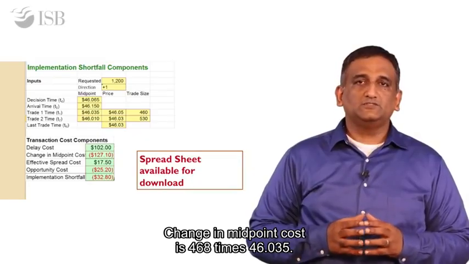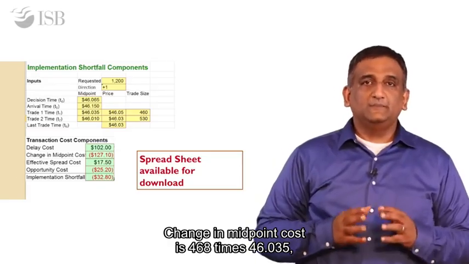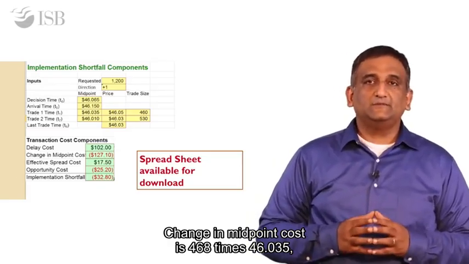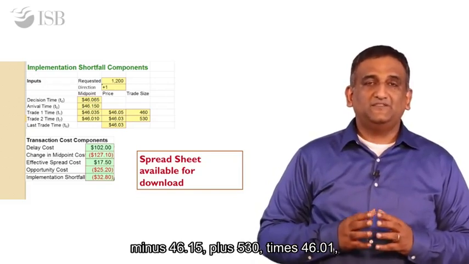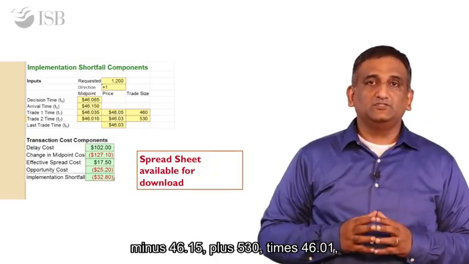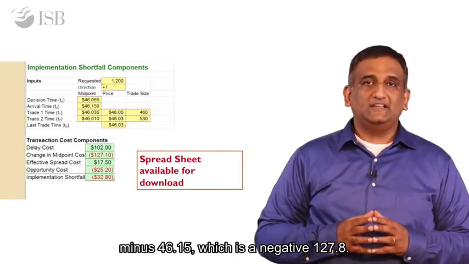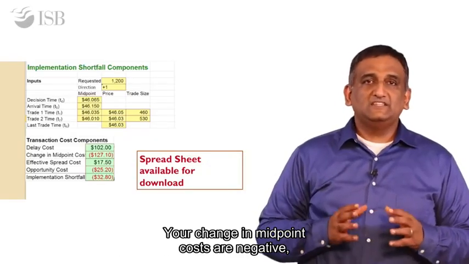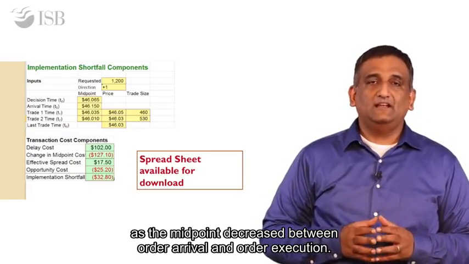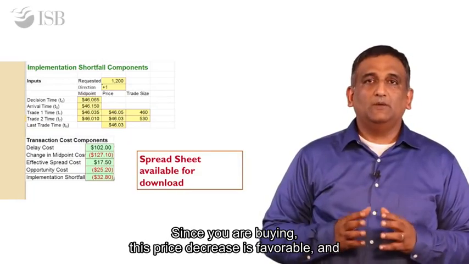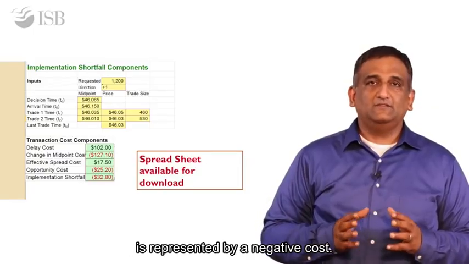Change in midpoint cost is 460 times 46.035 minus 46.15 plus 530 times 46.01 minus 46.15, which is a negative 127.10. Your change in midpoint costs are negative as the midpoint decreased between order arrival and order execution. Since you're buying, this price decrease is favorable and is represented by a negative cost.